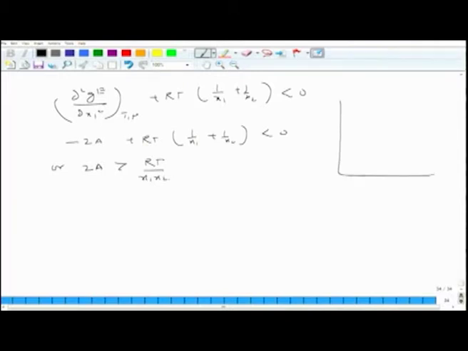So if you plot RT/(x1 x2) as a function of x, it will look like this, where the minimum value is going to be 4RT.